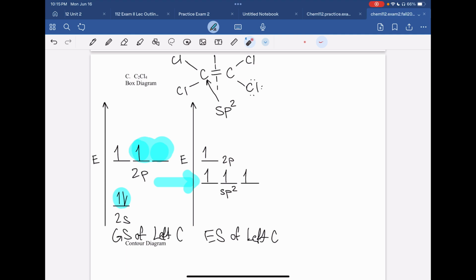If you have any questions, please let me know. Okay, so let's label this. This is your pi bond. Then, if this was the left carbon, this one will be the sigma bond of the other carbon atom, and these two will be the sigma bonds of your chlorines.